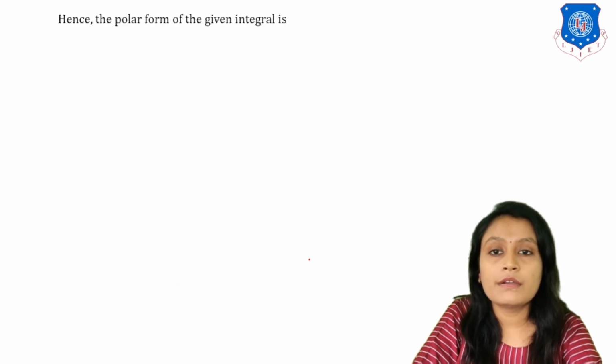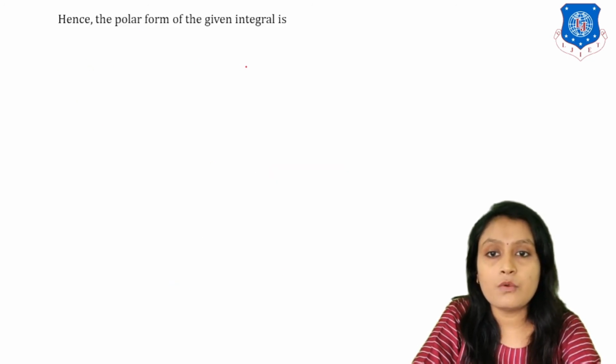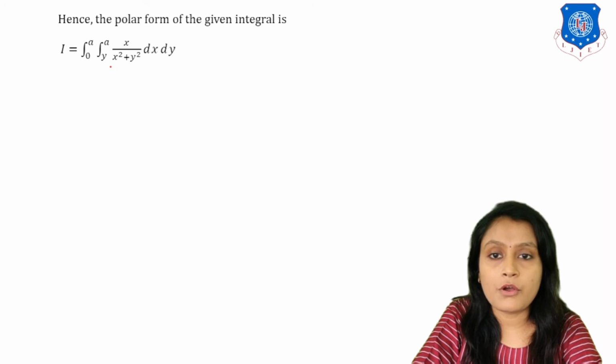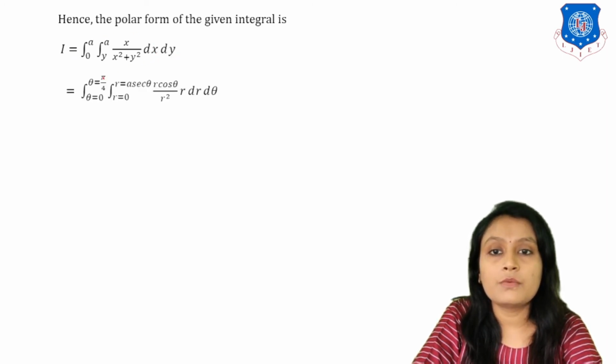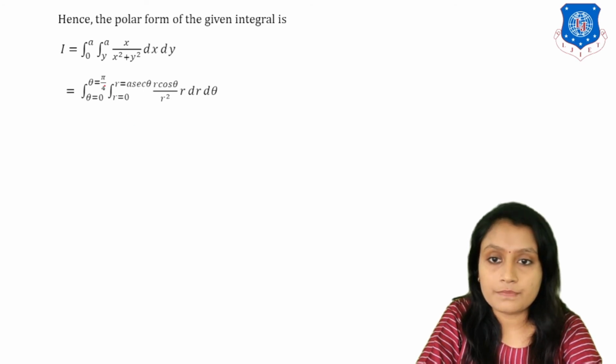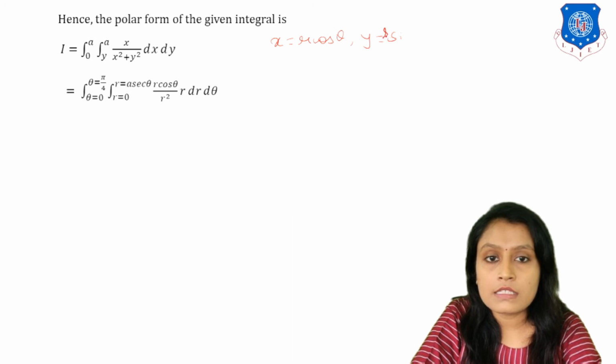Now we will write the integration given in the question, that is I is equal to the double integration, 0 to a, y to a, x upon x square plus y square dx dy, right? Now we will convert everything into polar form. So the limits of theta are 0 to pi by 4 and the limits of r are 0 to a sec theta. Now we know x is equal to r cos theta, y is equal to r sin theta.